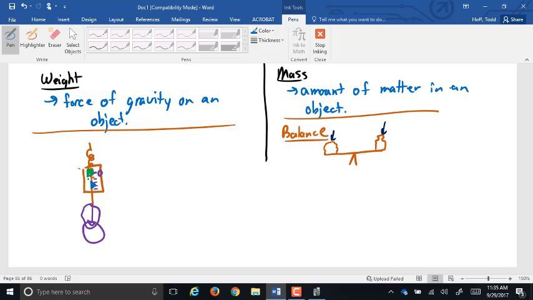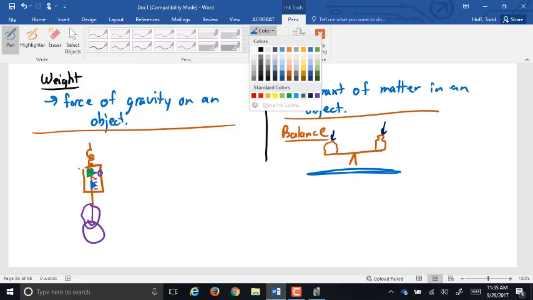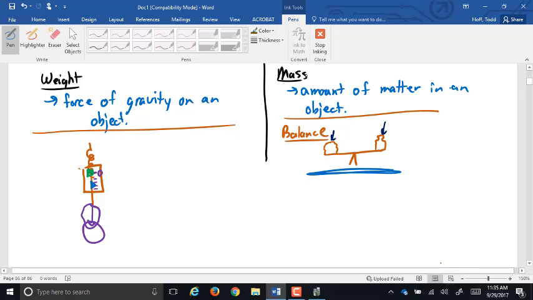Now, again, you might think both of them are using gravity to measure, because without gravity, this balance can't balance either. But the difference comes if we go to a setting where gravity is different. Like if we go to the moon, where gravity is like 1/6 of what it is on Earth, our object and that known mass are still going to balance, because the amount of gravity on our object is going to decrease, but the amount of gravity on our known mass is going to decrease the same.